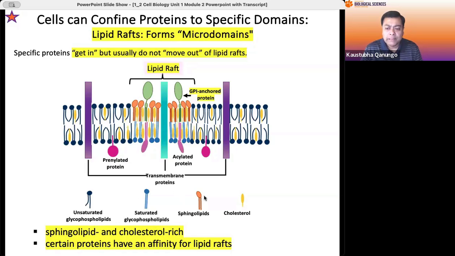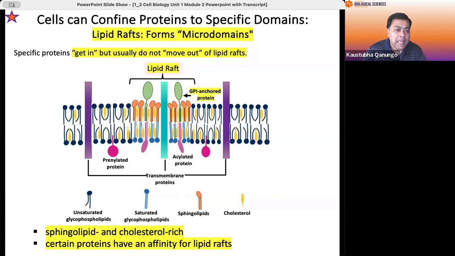Then you have sphingolipids right here, cholesterol all throughout. But what you are seeing are GPI anchored proteins, acylated proteins, prenylated proteins. Along with that, you have these sphingolipids, and of course, cholesterol is all over.